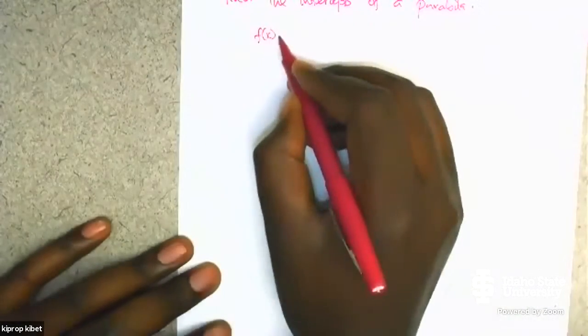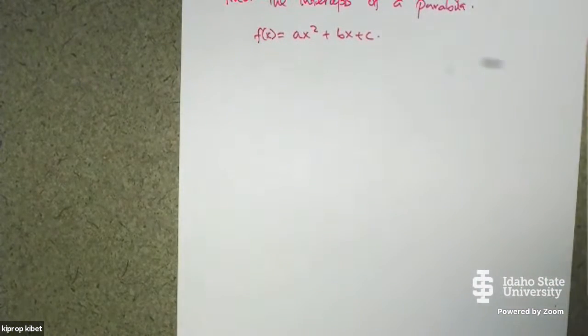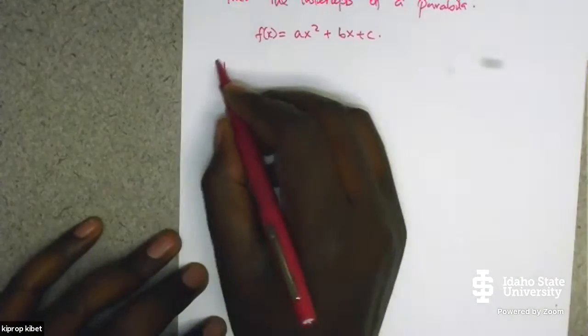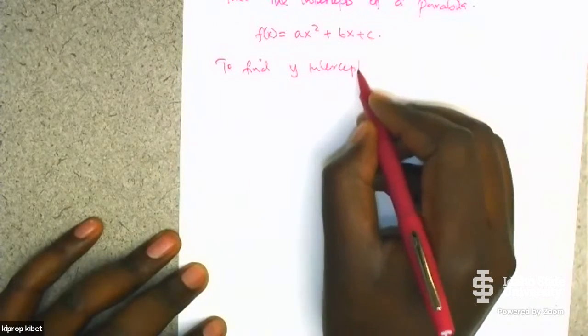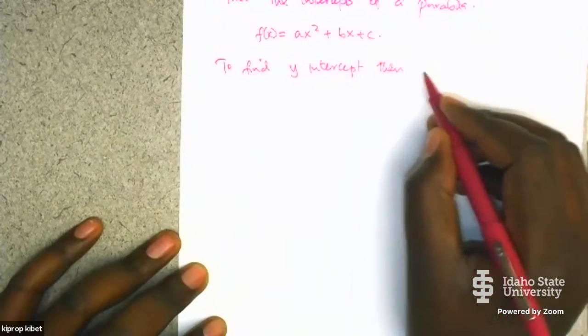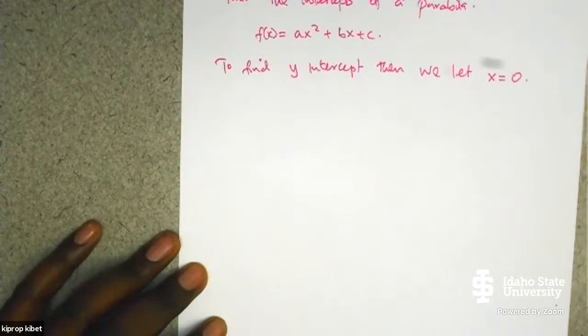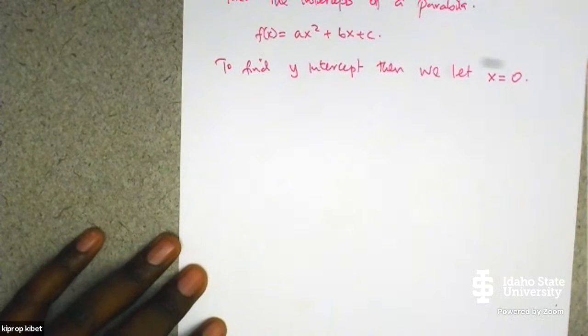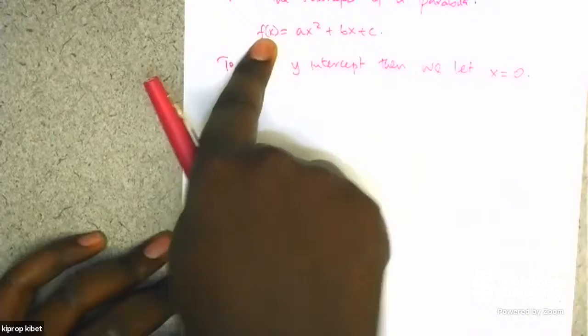Now, if we have the function f of x equals ax squared plus bx plus c, to find the y-intercept, we let x be equal to 0. The y is the same as f of x.